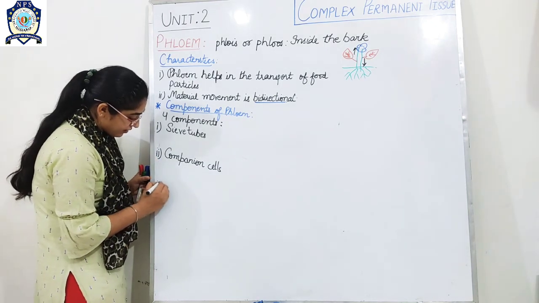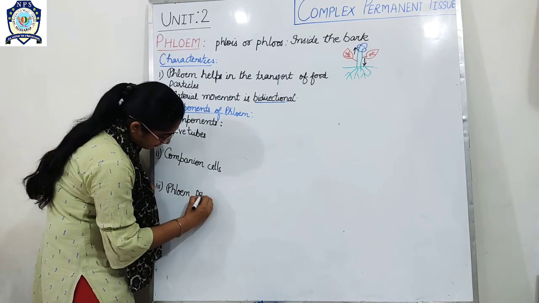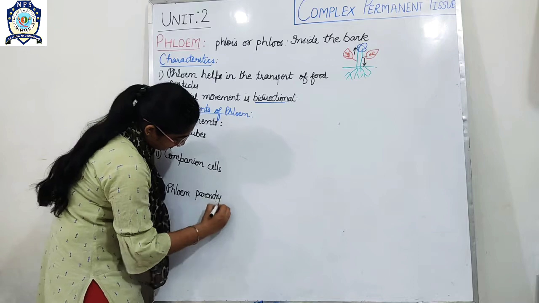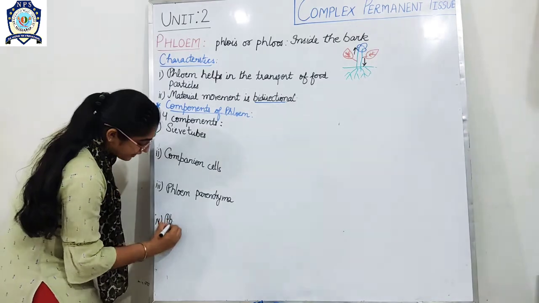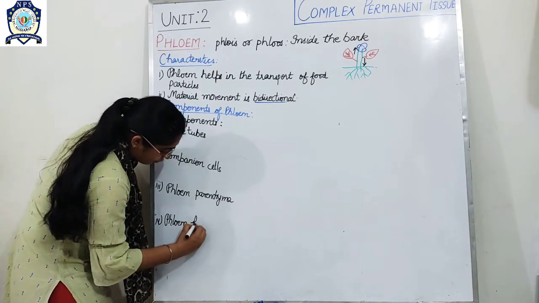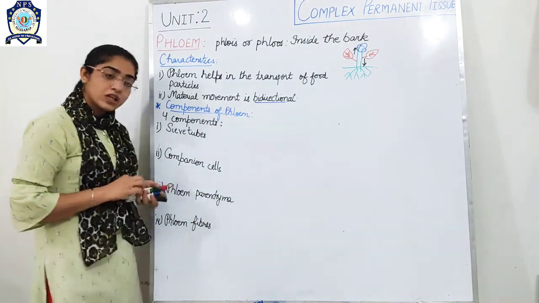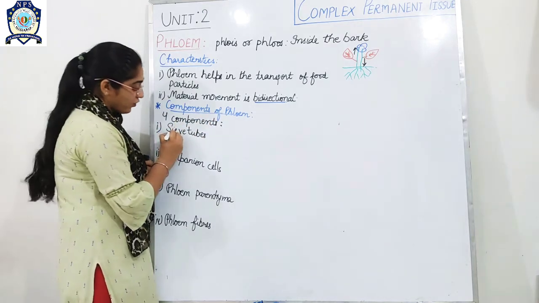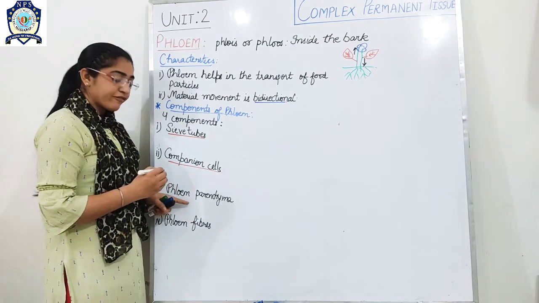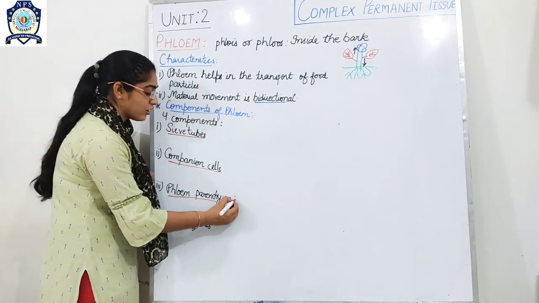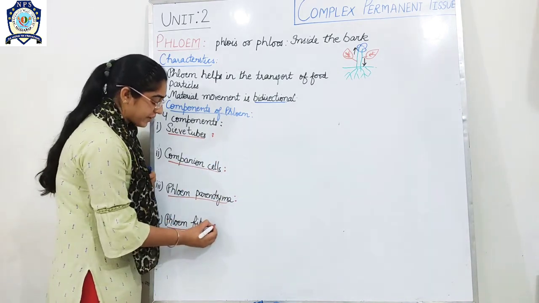The third one is the phloem parenchyma. And the fourth component is phloem fiber. So these are the main 4 components of the phloem: sieve tube, companion cells, phloem parenchyma, and phloem fibers.